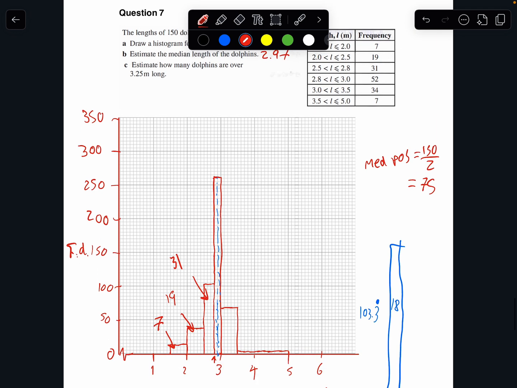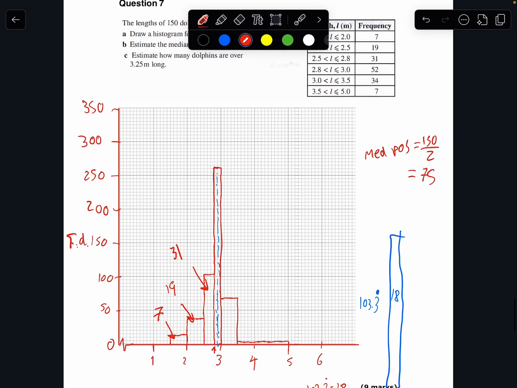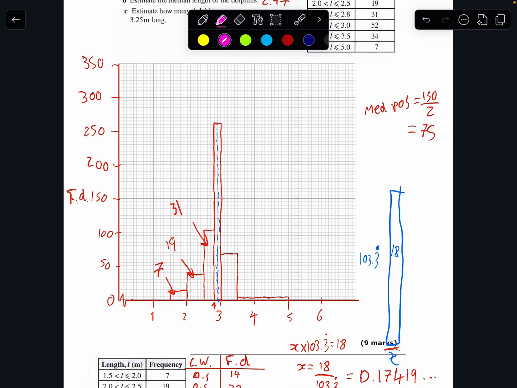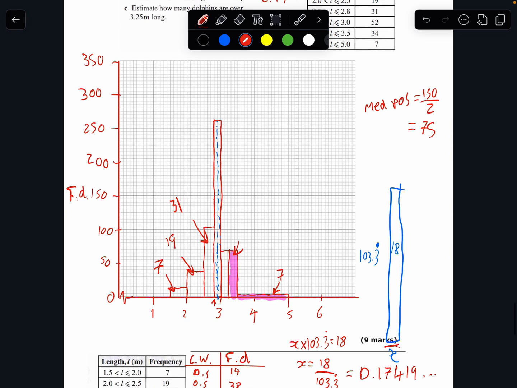Perfect. We want to estimate how many are more than 3.25 meters. So we are looking for, if you imagine, 3.25 meters is going to be here, right? So we're now looking for everything to the right of that, this entire pink area. Now I already know that this one on the end has 7 in, so I just need to work out this pink area.